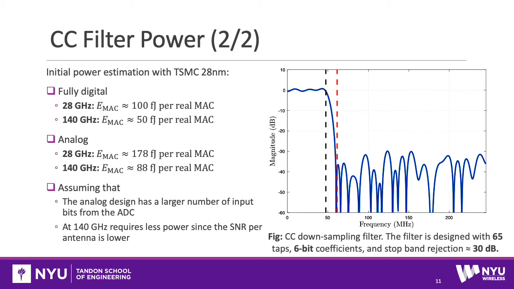Similarly, the analog architecture requires 178 femtojoule per real MAC at 28 GHz and 88 femtojoule per real MAC at 140 GHz. In the above results, we assume a larger number of ADC bits for the analog architecture, and that the 140 GHz power should be less since the required SNR per antenna is lower.